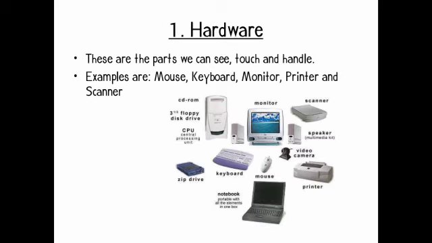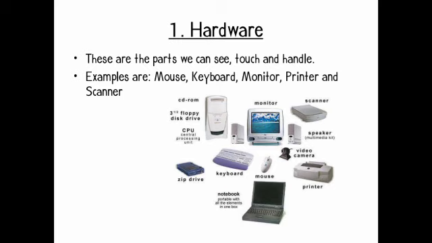What is hardware? Hardware are those physical parts of the computer system. What I mean by physical is those parts that you can see. You can also touch the hardware and handle them.